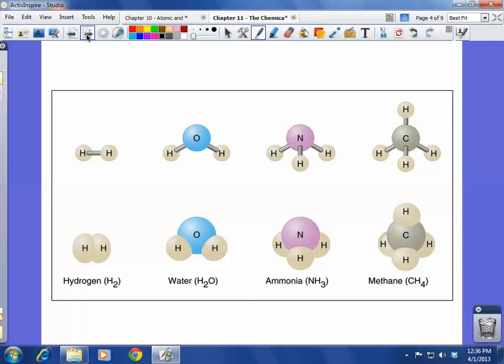But there's also ammonia. Where do you see ammonia? Yeah, like cleaning products. Okay. And that's just 1 nitrogen bound to 3 hydrogens. We have methane, which is just a gas, a carbon bound to 4 hydrogen atoms. So as long as we have these chemical bonds, it's a molecule.